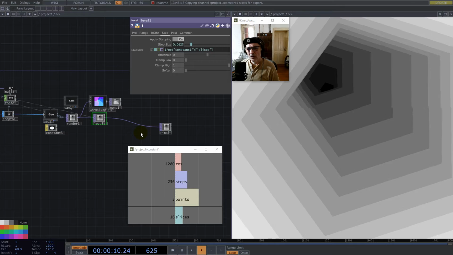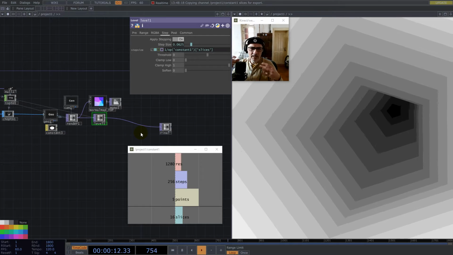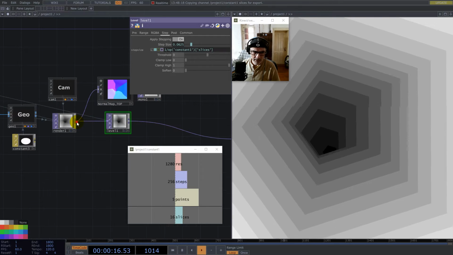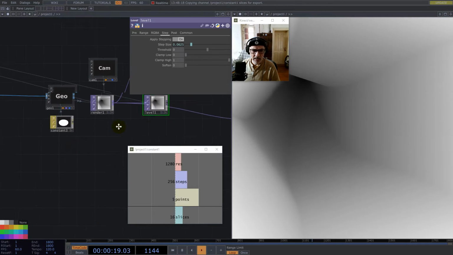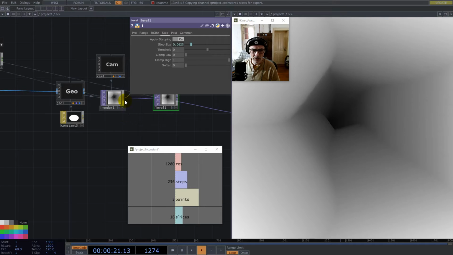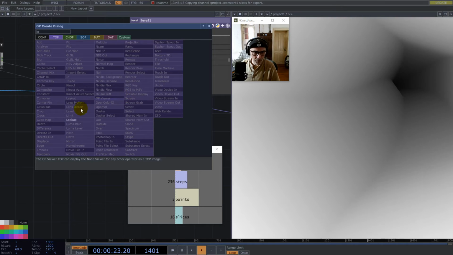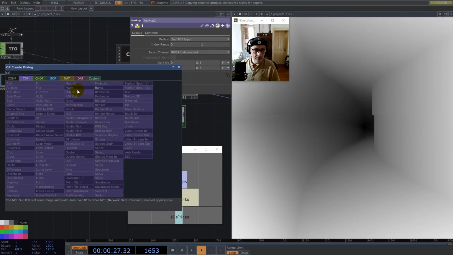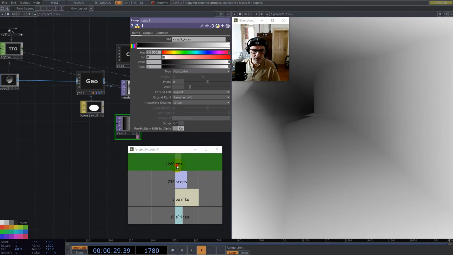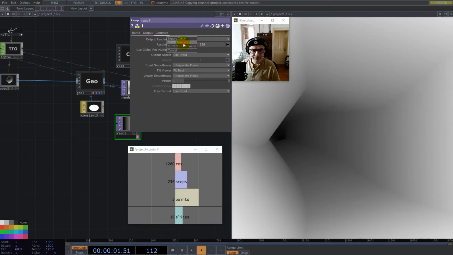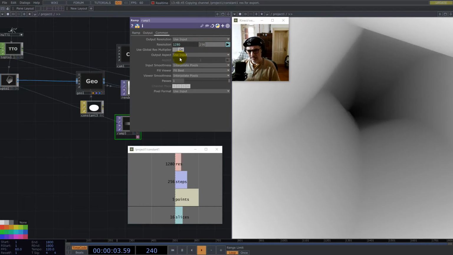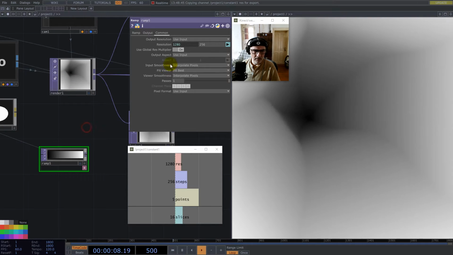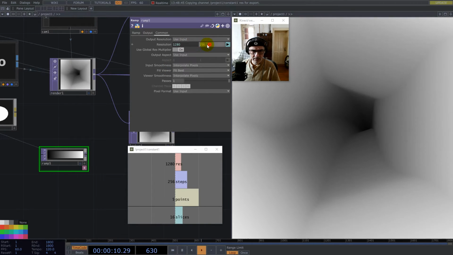Okay, but I would also like to have some colors and have something like stripes and so on. Okay, and how we do this, I'd like to use a lookup. So we use a lookup, right, with another ramp. So this ramp should be only 1 pixel on Y. Okay, like this.